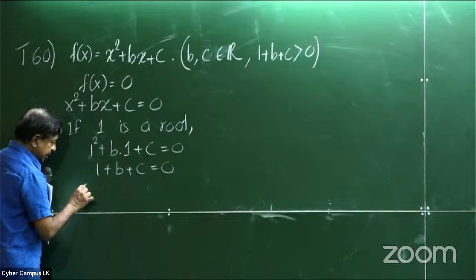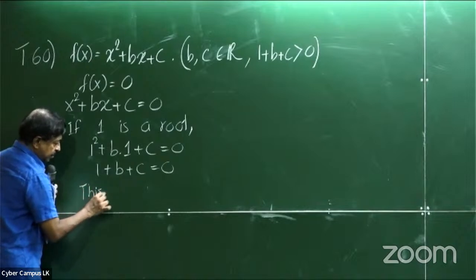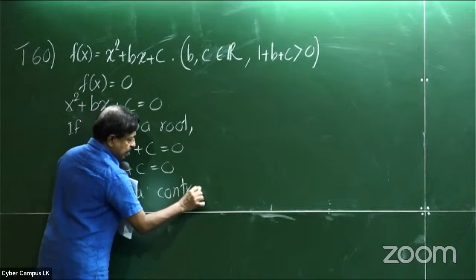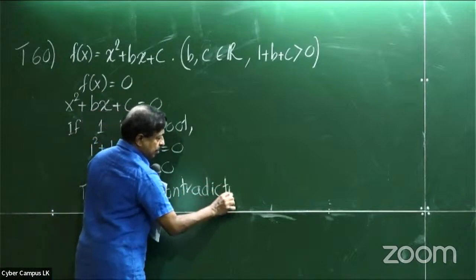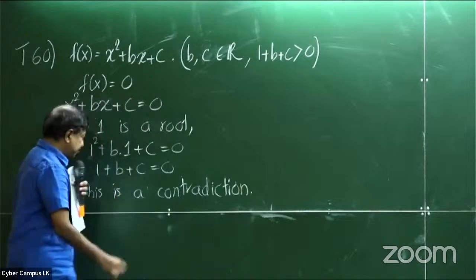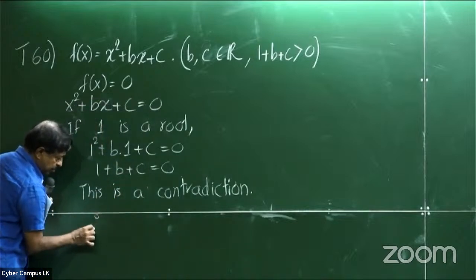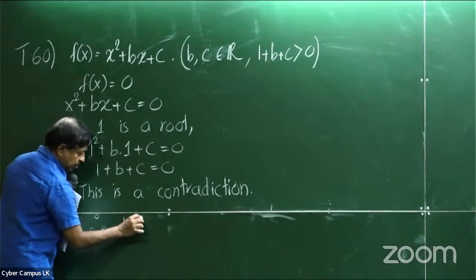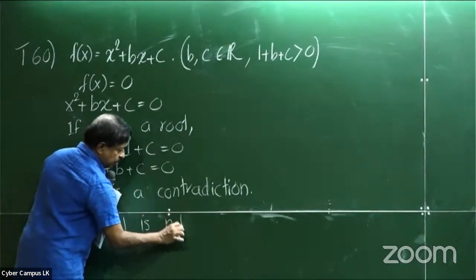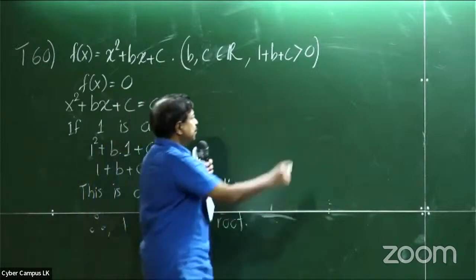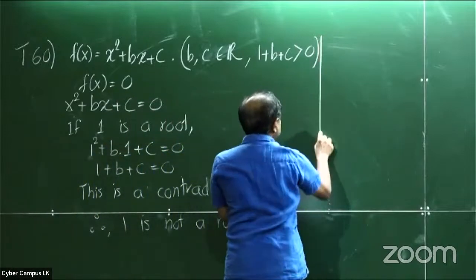So this is a contradiction. Therefore, 1 is not a root. So we are done with that part.